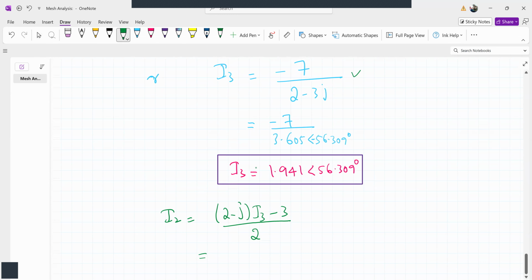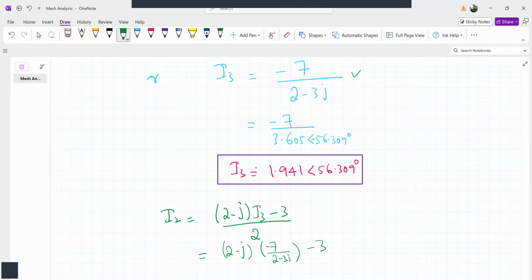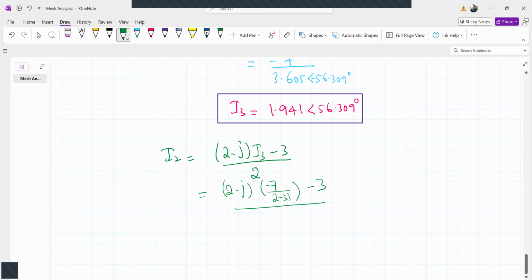So this will be 2 minus J times minus 7 divided by 2 minus 3J, minus 3, divided by 2. So what is this value equal to? Minus 14 plus 7J. We do the cross multiplication, it will be minus 6 plus 9J divided by 2 into 2 minus 3J.